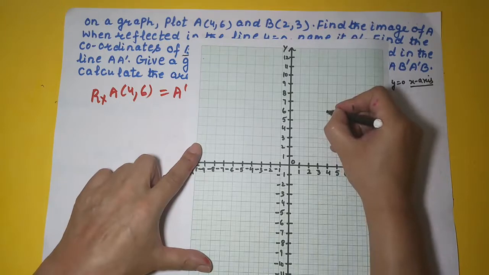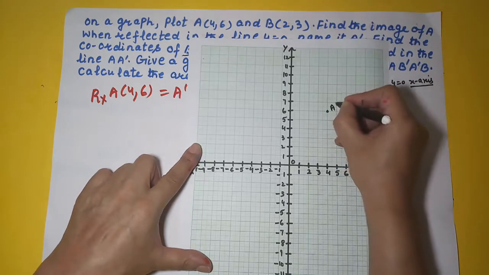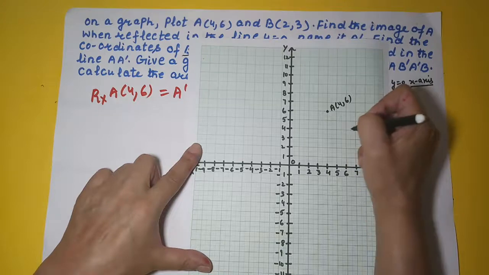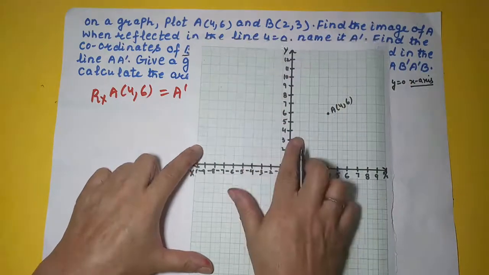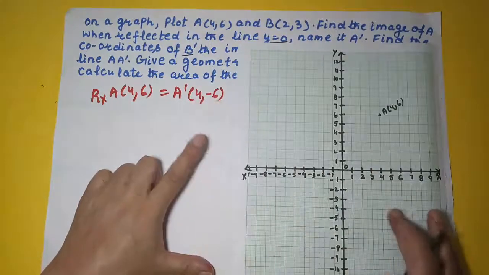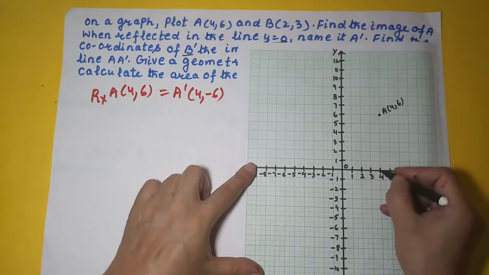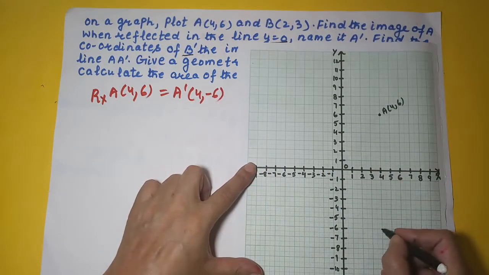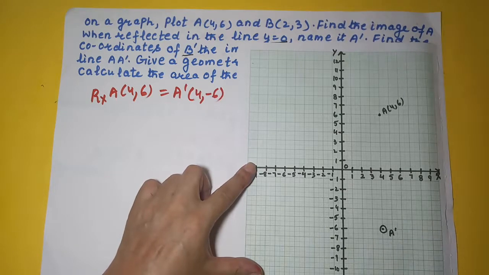So this will be my point A. And then I have to plot A dash also. A dash is (4, -6), so it will be here. So this is my A dash, (4, -6).